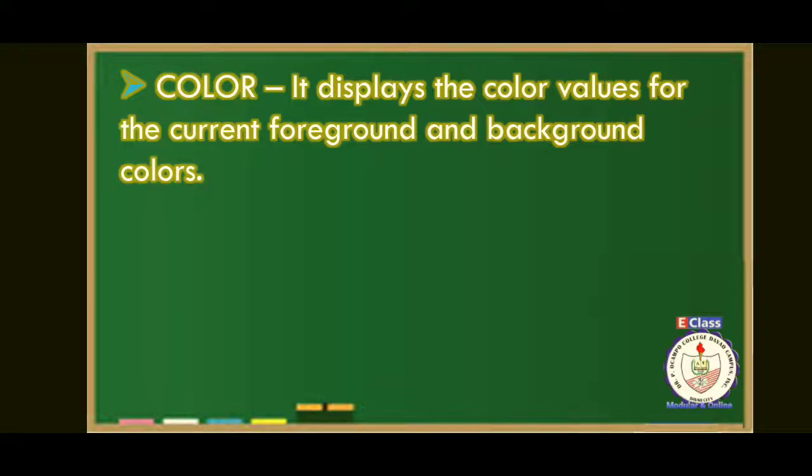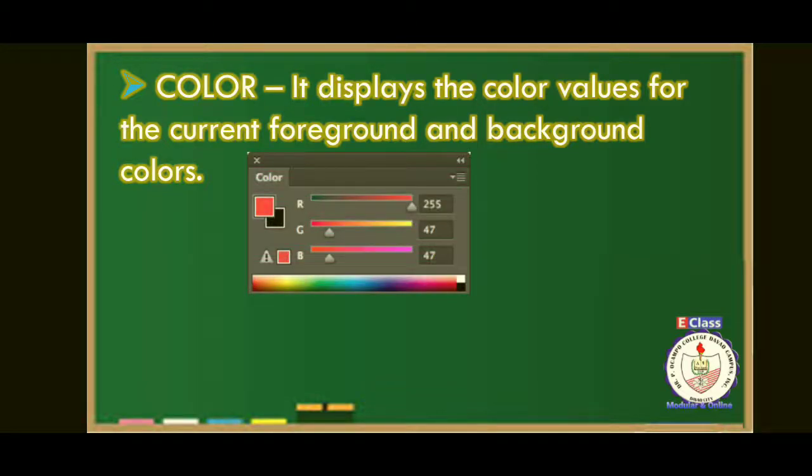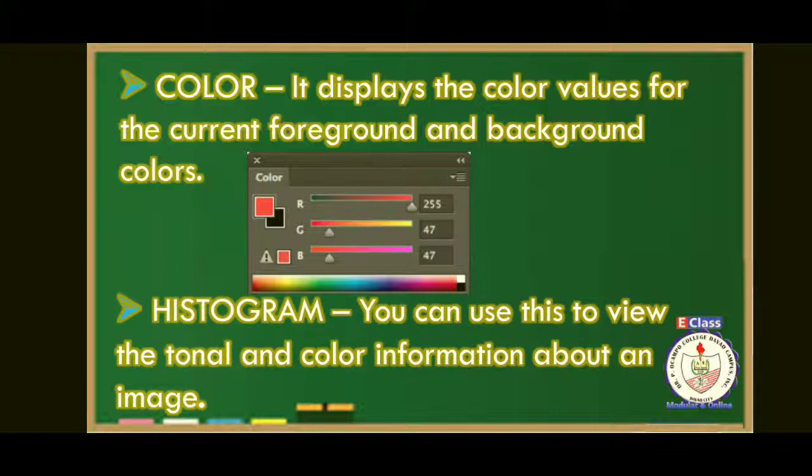It displays the color values for the current foreground and background colors. And this is the picture showing the types of color. You have also seen the Histogram.